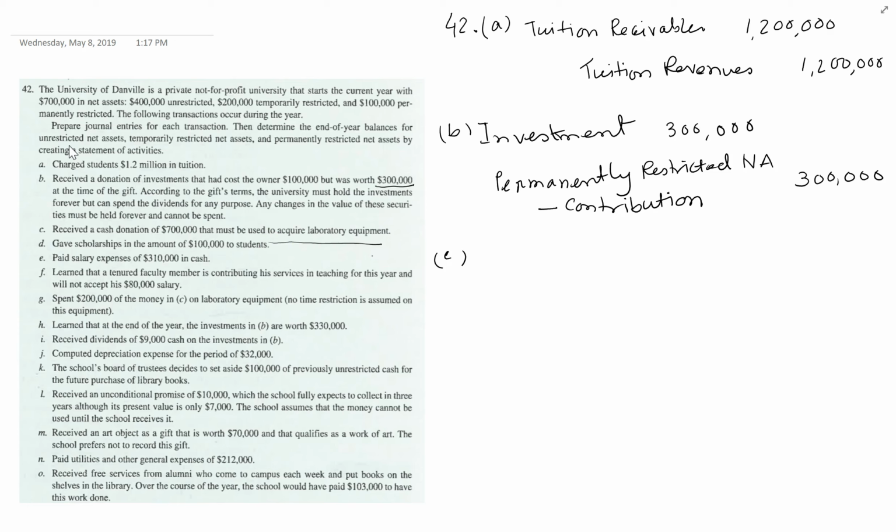It is not restricted forever, but they can use it only for this condition, laboratory equipment. So it's a temporarily restricted portion. Again, they are receiving it as a donation, so we will categorize it as a contribution. So we will debit cash and we will credit temporarily restricted net assets.